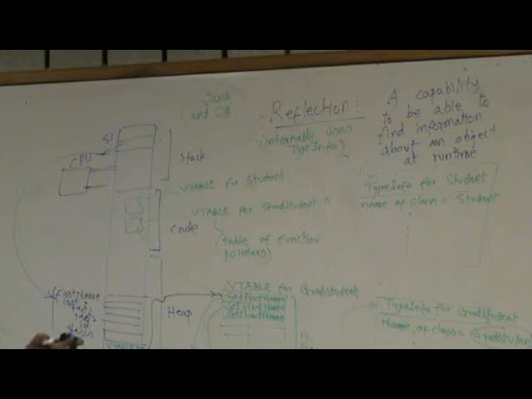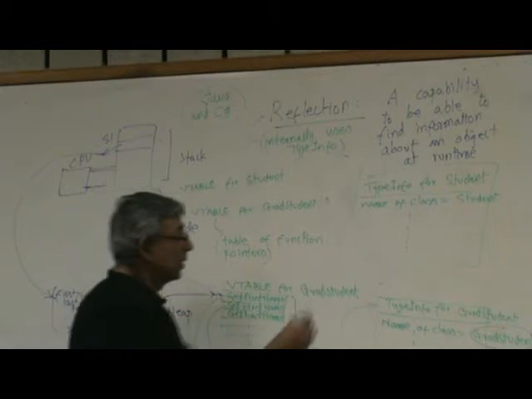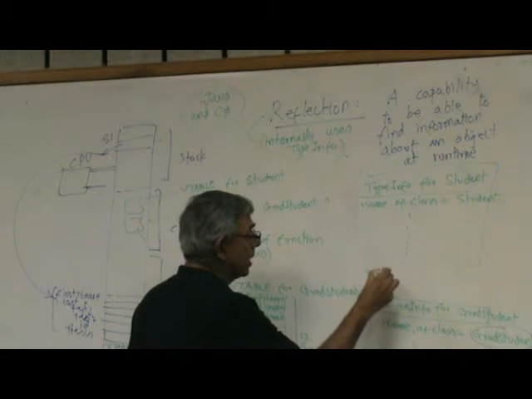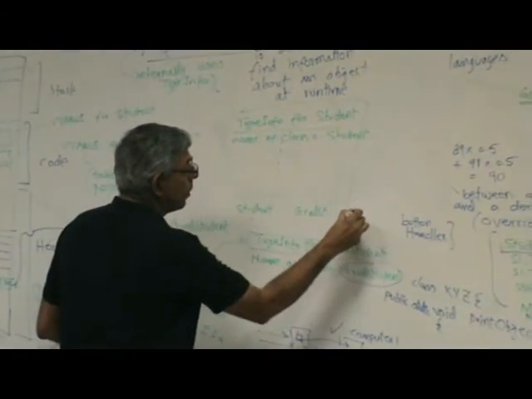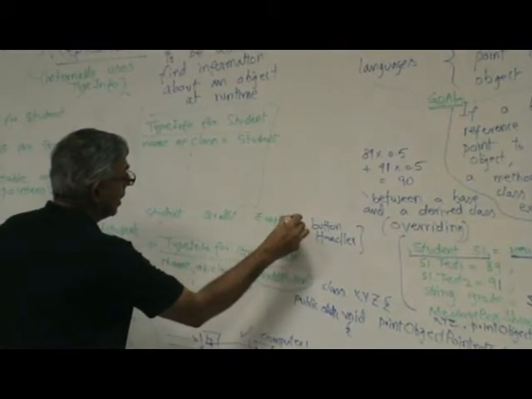Because each and every object may need some information about it at runtime. So since every class that we create may need this capability, it doesn't matter if we create a class called student or grad student or employee or anything.